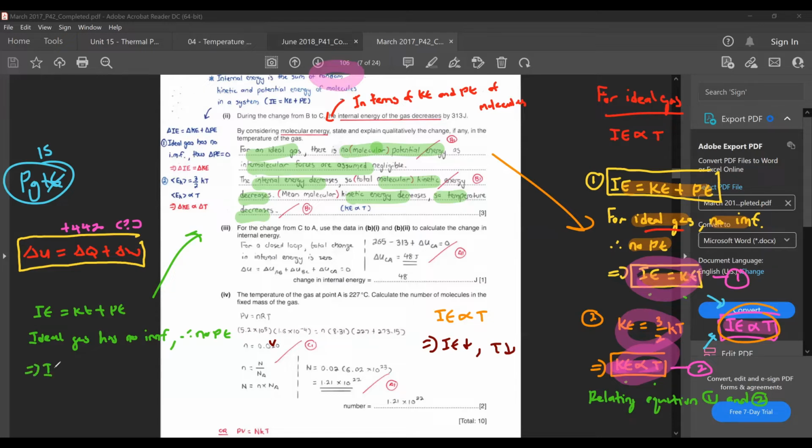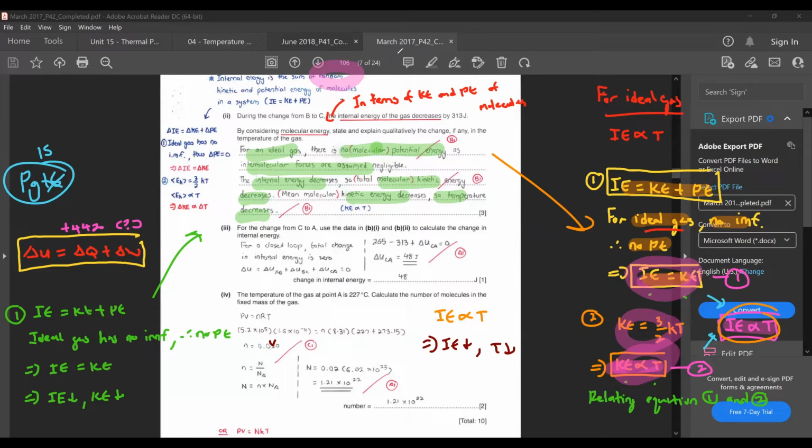So internal energy is just equal to Ke. Then after that, they tell you if IE is dropping, Ke should be dropping.